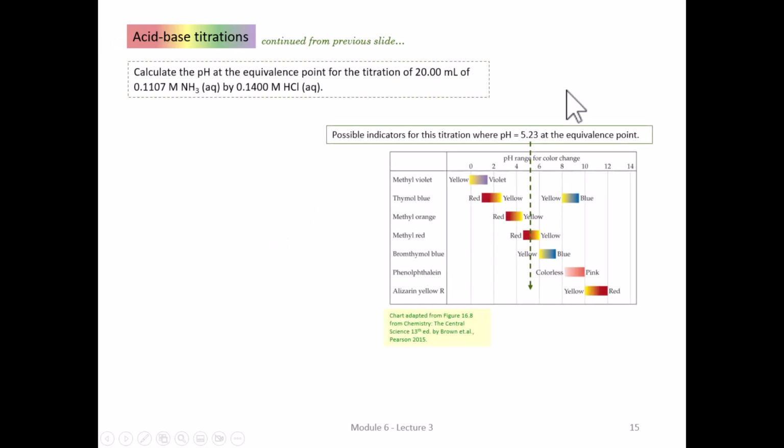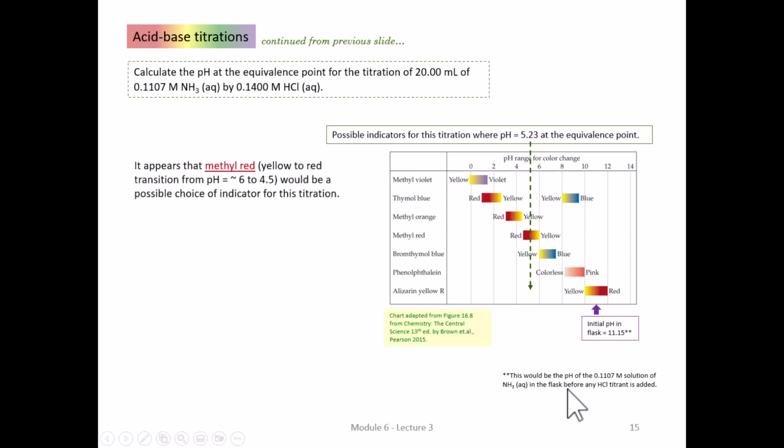So what about choosing an indicator? Well, remember the pH is 5.23 at the equivalence point. We start at a pH of around 11. That would be the pH of the 0.1107 molar solution of ammonia in the flask before any titrant is added. It appears that methyl red, remember we're starting from this high pH and adding acid, would be a possible choice of an indicator.